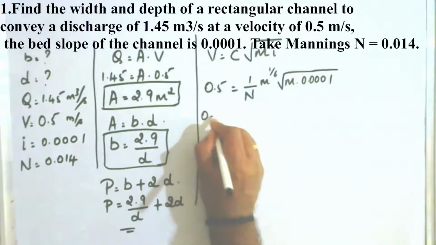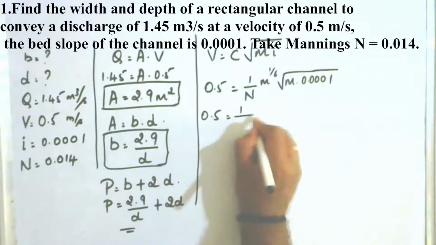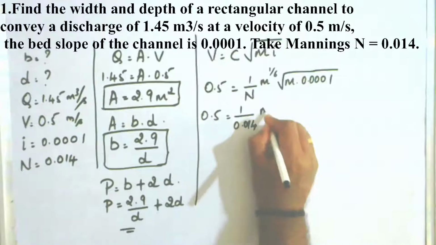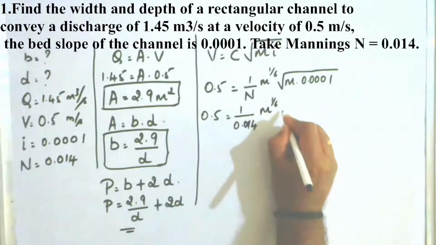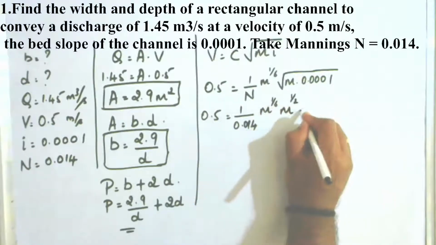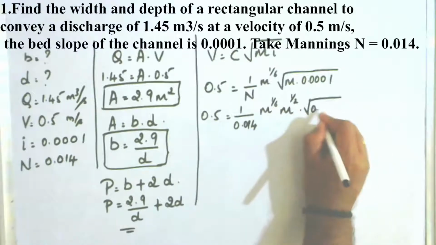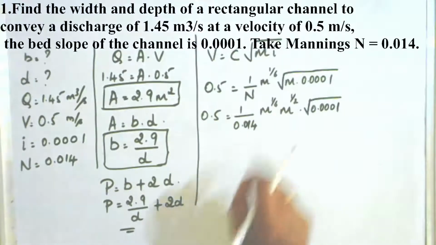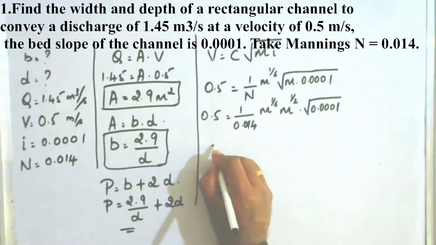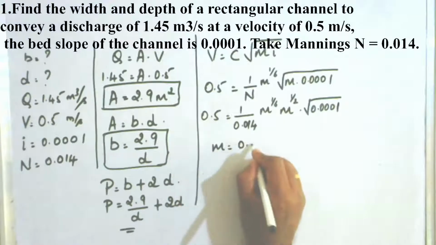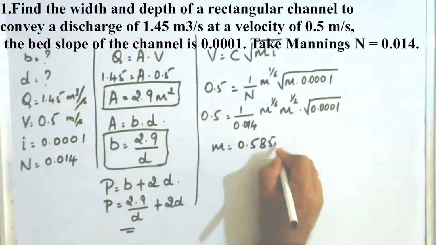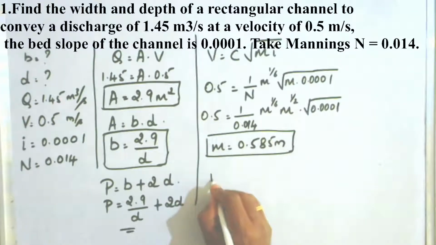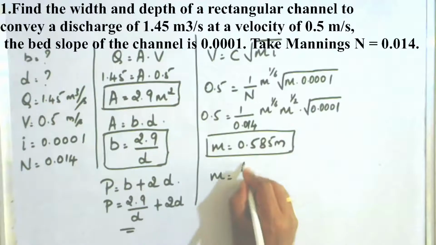Now you further simplify. 0.5 is equal to, you substitute the value of n, and take m as m power 1 by 6, then root m as m power half, then square root of 0.0001. So you solve for m here, and your m value works out to be 0.585 meter.